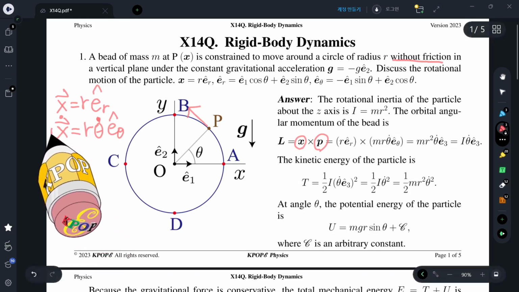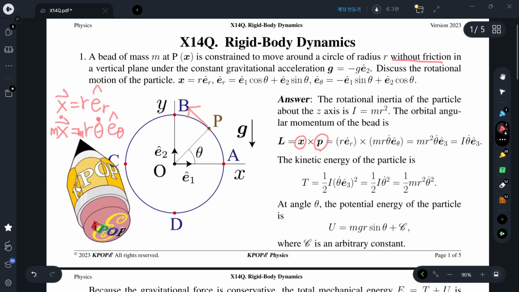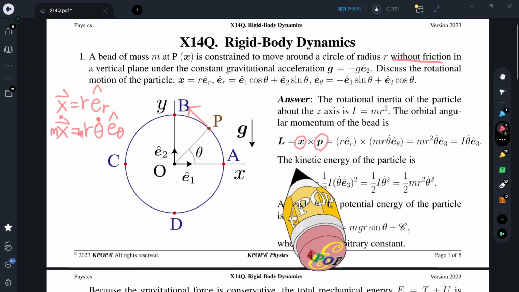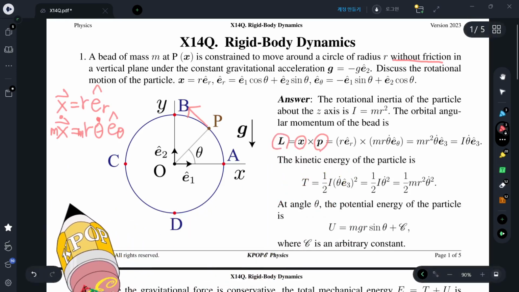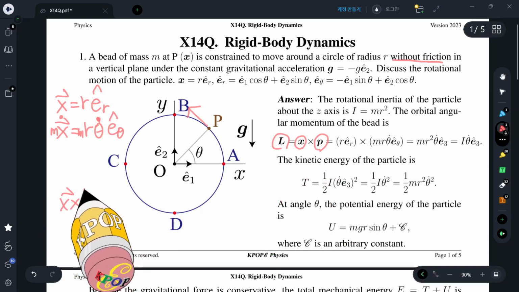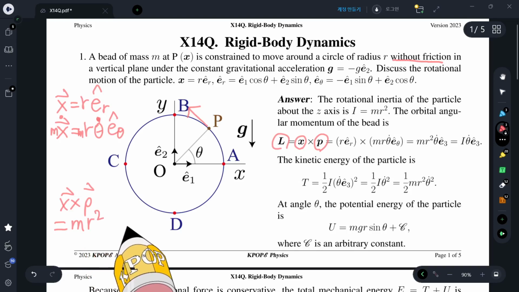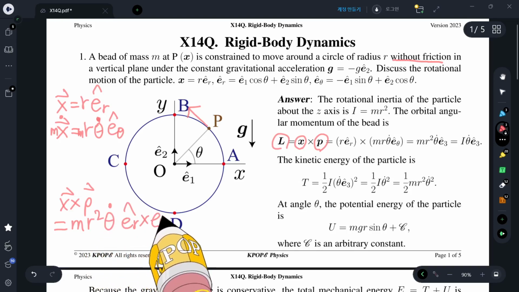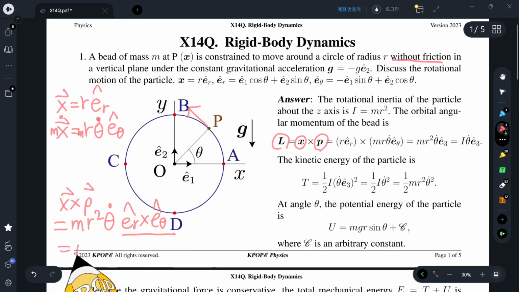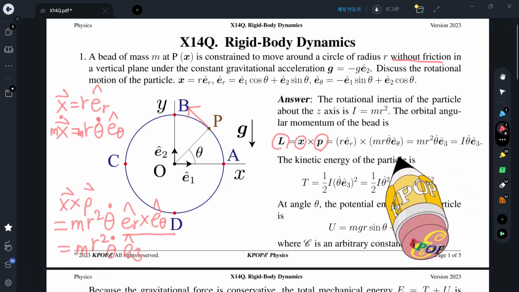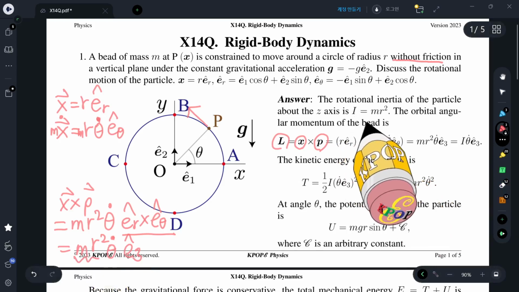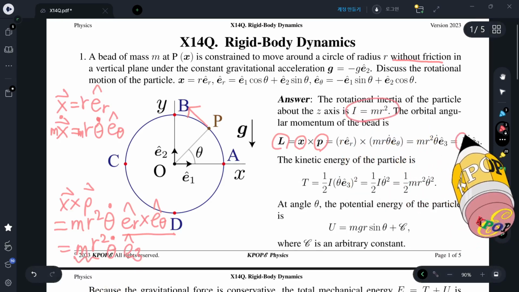Mass multiplied by this velocity is the linear momentum, and x cross p is the product of this, m r squared theta dot e_r cross e_theta. This is e3, m r squared theta dot e3 hat. Here m r squared is the moment of inertia, so I have replaced it with I.